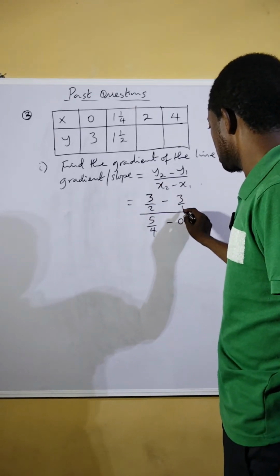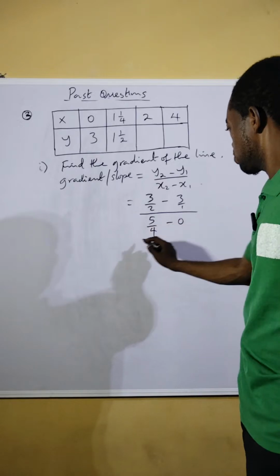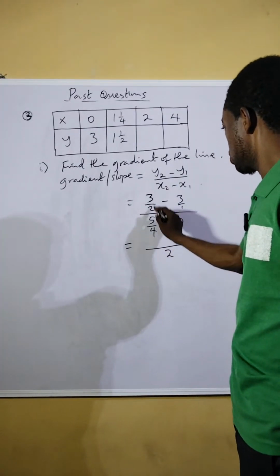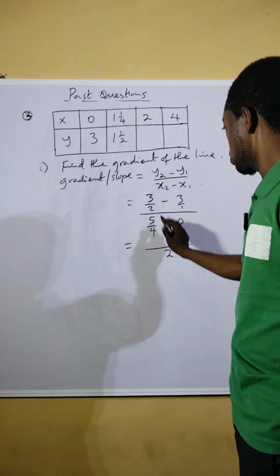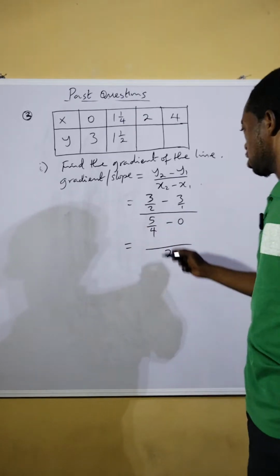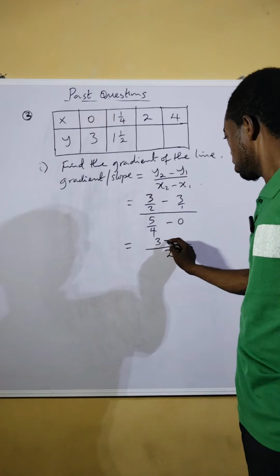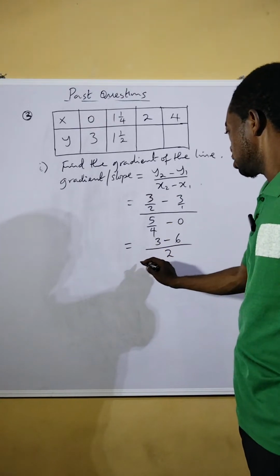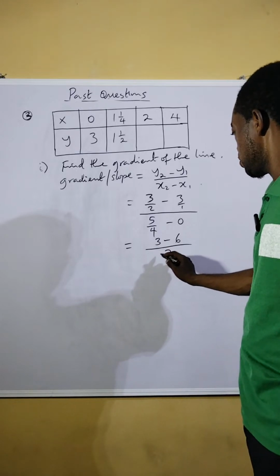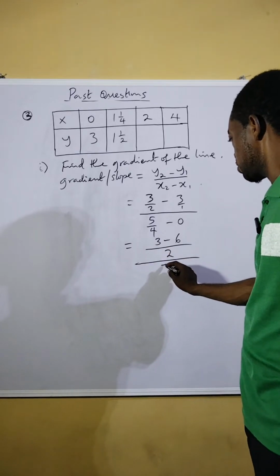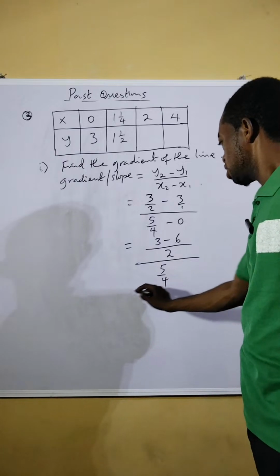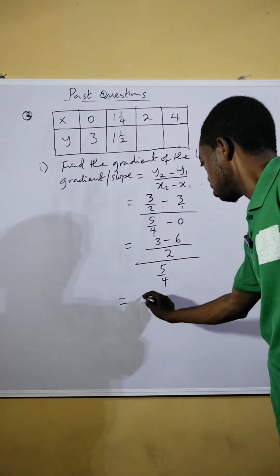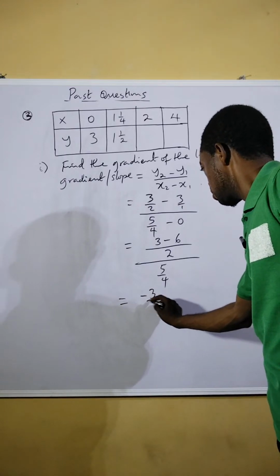When we solve this, we can bring the fraction up together as one fraction. The LCM up there is 2. So 2 going into 3 is 1, then 1 times 3, that's still 3, minus 1 going into... 2 times 3, that's 6. Then divided by, here we still have 5 over 4. And up here, this becomes 3 minus 6. That gives us minus 3 over 2.